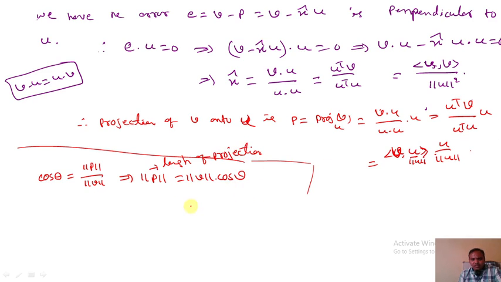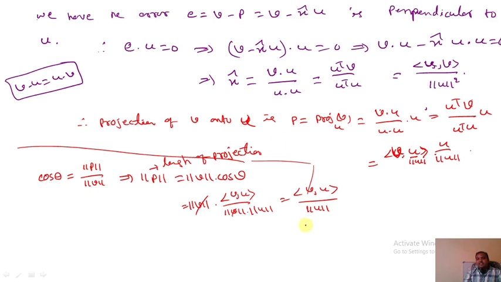You can prove this formula. So norm V cos theta is the inner product V comma U divided by norm V into norm U. V cancels. This is V comma U divided by norm U. The length of the projection is this one. Like x hat is this one. Now what is the direction? The direction is the unit direction.